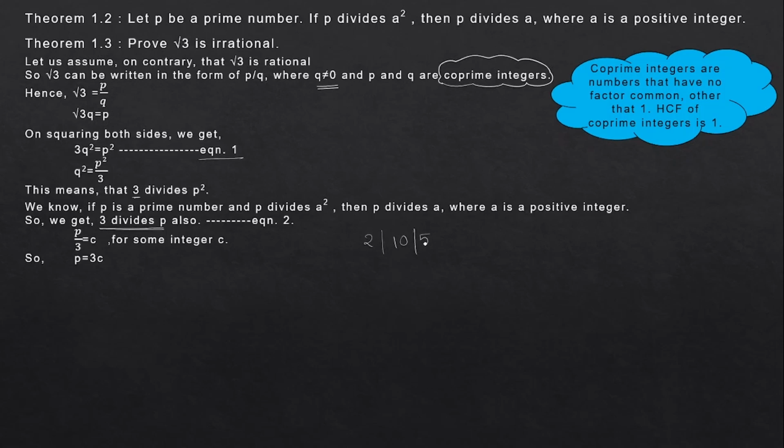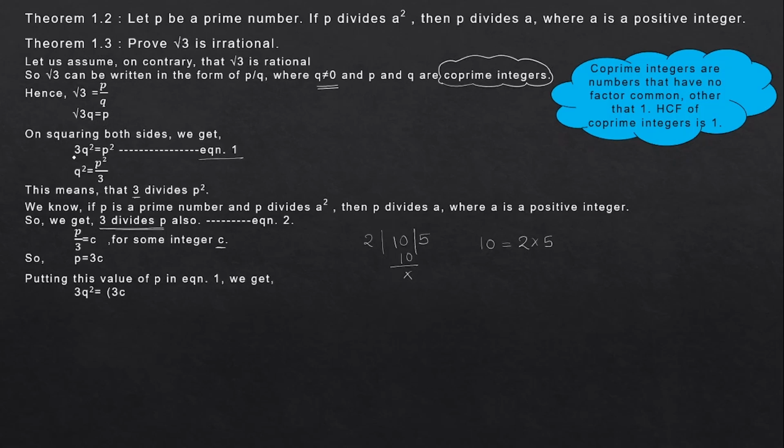It means that I am getting an integer quotient 5 and my remainder is 0. That means I can write 10 as a multiple of 2. Similarly, since 3 divides p, I can write p as a multiple of 3, where c, which I have taken, is some integer.